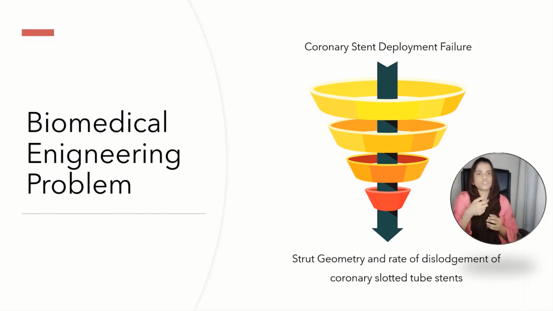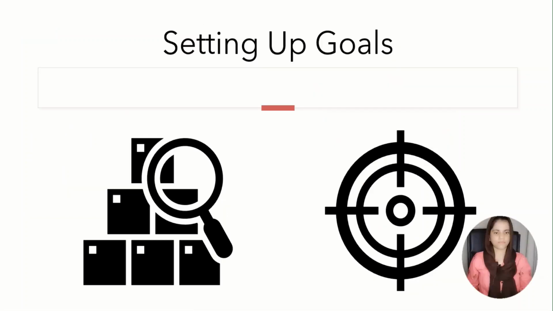And you figured out that two different brands of stents differ in the meshwork geometry, and after understanding the geometrical parameters that affect the performance of a stent in vivo, you rephrased your research statement and made it more refined, like strut geometry and rate of dislodgement of coronary slotted tube stents. So now it's more specific.